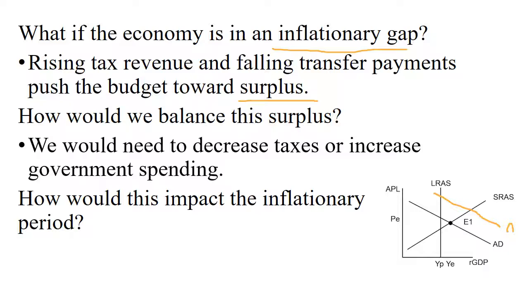If you increase government spending, that has a direct effect on AD, and again, it would move to the right. So in both cases, our gap has worsened, our inflation has worsened, the inflationary gap is worse off. So you can balance the budget, but yet again, the gap's worse. So the business cycle would certainly take a hit if we insisted on balancing the budget every single year.